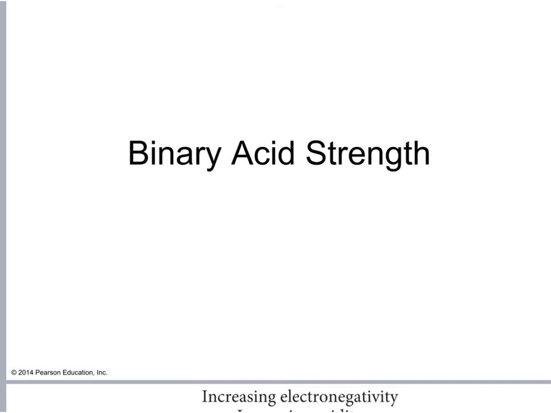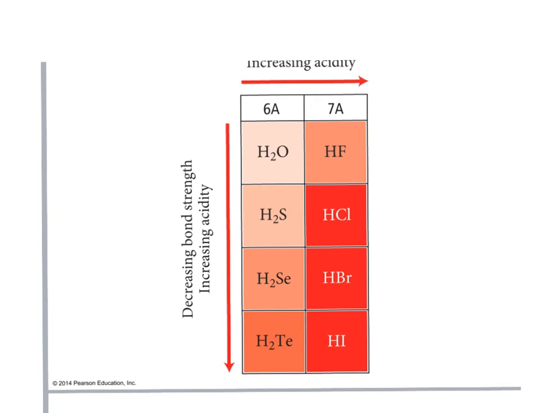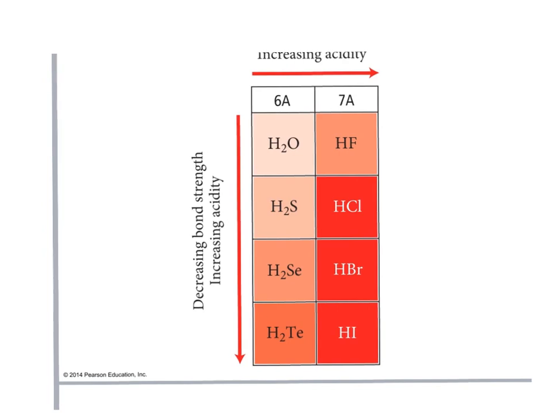So let's talk a little bit about binary acid strength, right? We talked about that earlier. Let's review it. We noted that the acidity increased as we went to the right because of higher electronegativity, but then, I'm sorry, it increased in acidity as we went down because of a decrease in bond strength. So this guy was not able to hang on, right?